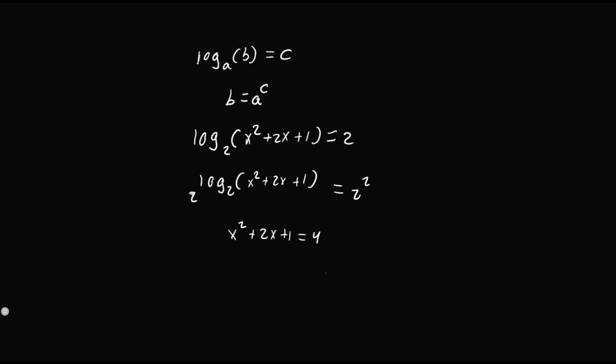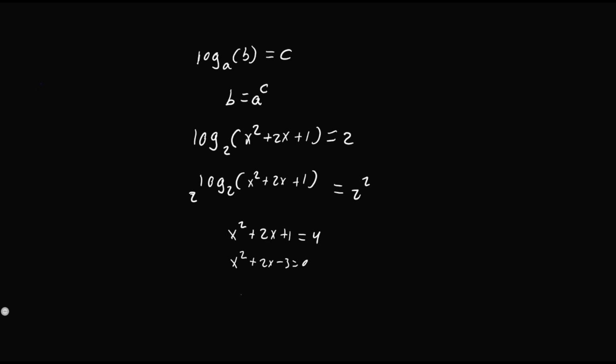Here we can solve with the quadratic formula by subtracting 4 from the left-hand side of the equation. This method is just going to tell us what solutions are true for our quadratic. So x squared plus 2x minus 3 is equal to 0.